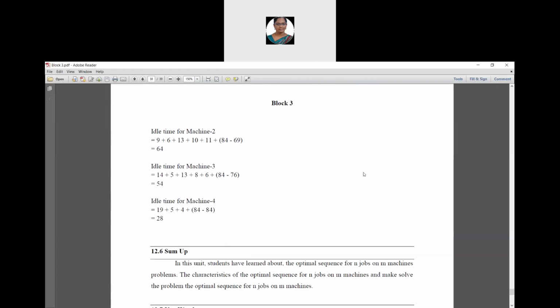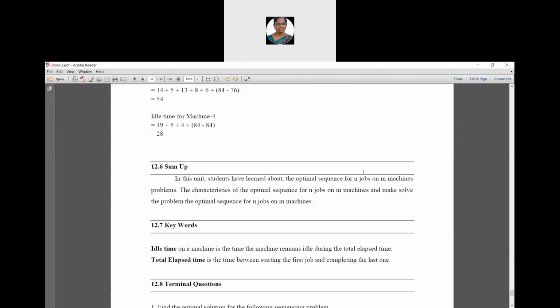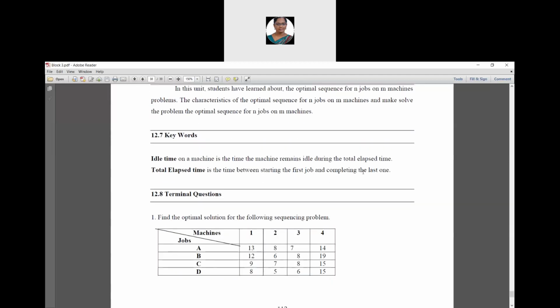So here what we have concluded is that in this unit students have learned about the optimal sequence for n jobs on m machines problem, the characteristics of the optimal sequence, and how to solve the problem. They have given some keywords: ideal time and total elapsed time.